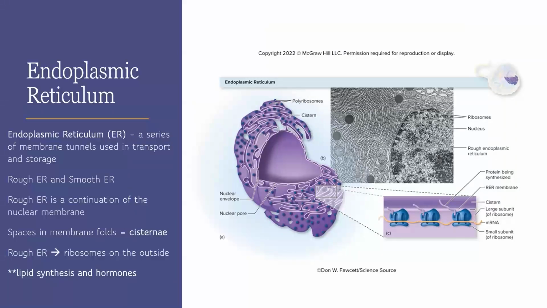The rough ER is known as rough because, if we zoom in over here, it has ribosomes on the outside of its membrane. And you can see here, if we have the ribosomes on the outside, they can actually insert, as they're making the proteins, into the cisternae, into those spaces where it can get further processed. This is the site for lipid synthesis and hormone synthesis as well.